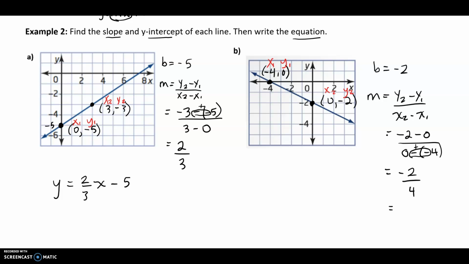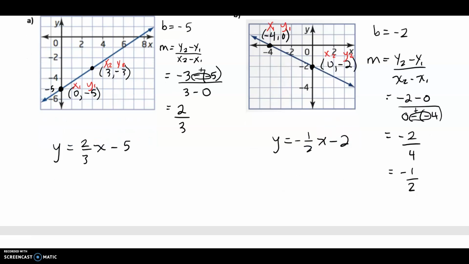And then we always want to write that as a fraction in lowest terms. So our final answer is -1/2. Okay, let's go ahead and write our equation. So y equals -1/2x minus 2. And that makes sense that we have a negative slope because our line is going down and to the right. All right, let's keep moving.